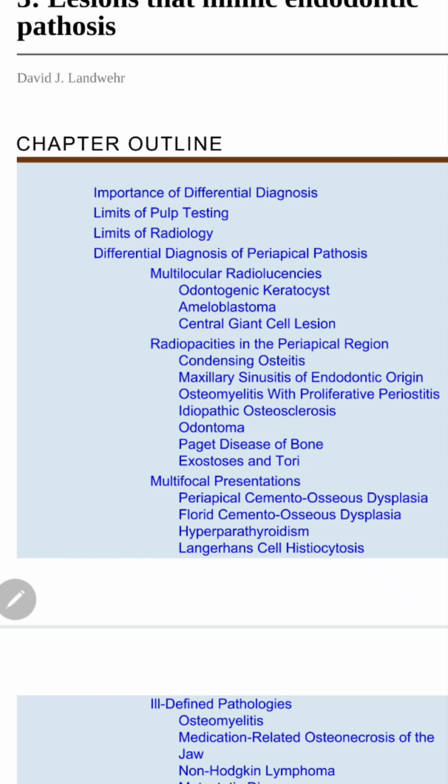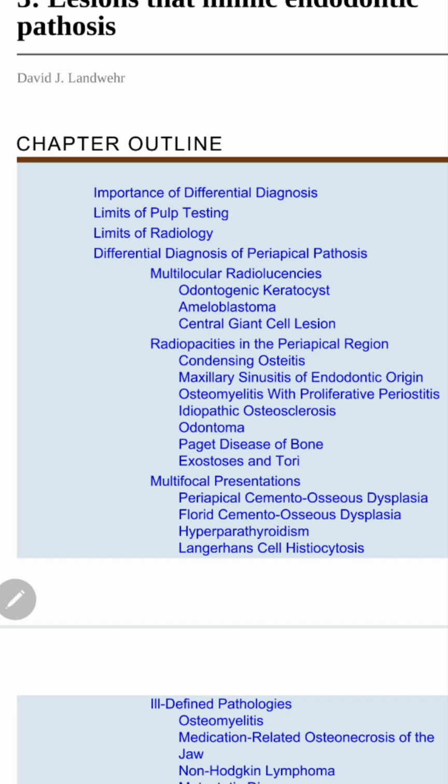Today's episode is going to be about lesions that mimic endodontic pathoses, which means that they are pathoses that have the appearance of an endodontic periapical problem, but in reality they're not the same thing.